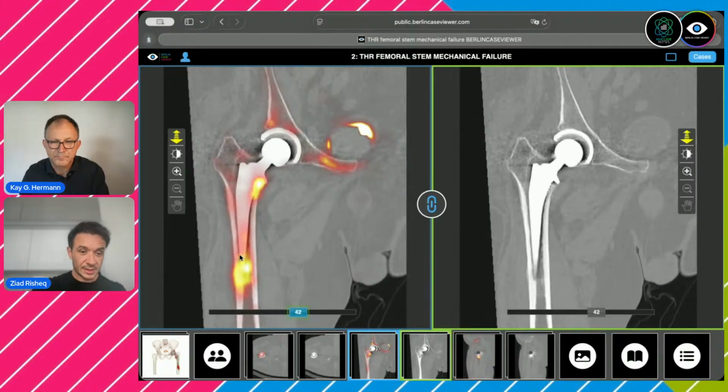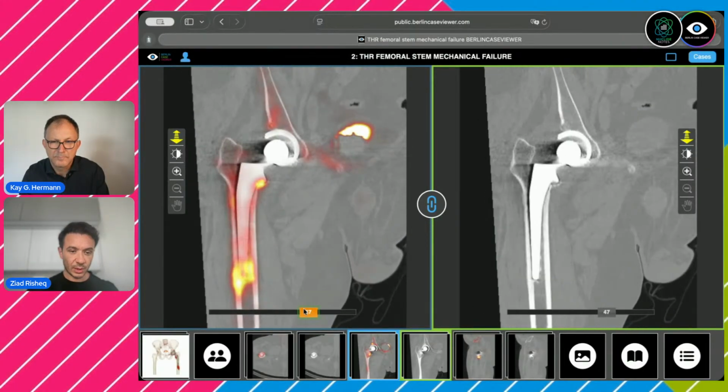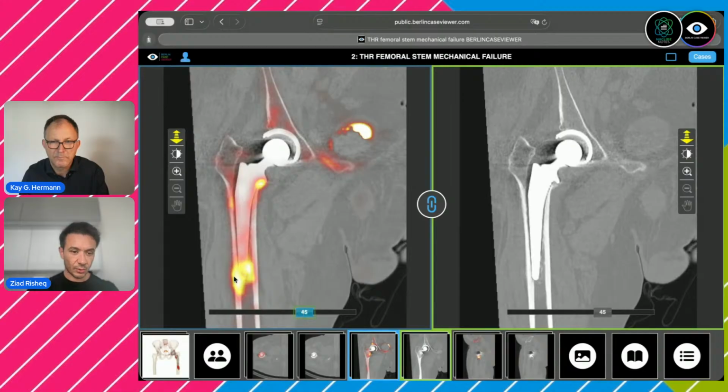So here you have this intense uptake around the femoral stem. If you want to look at the zones, this is zone 4, and this is 4, and this is 5, and this is zone 3. If we look at the femoral zones, below the greater trochanter around here, this is zone 1, and below that we have zone 2.